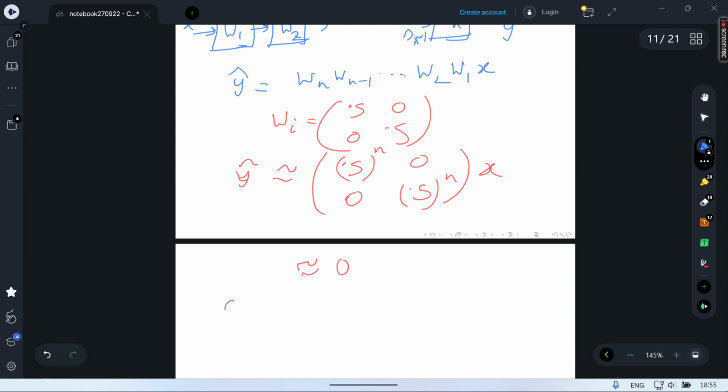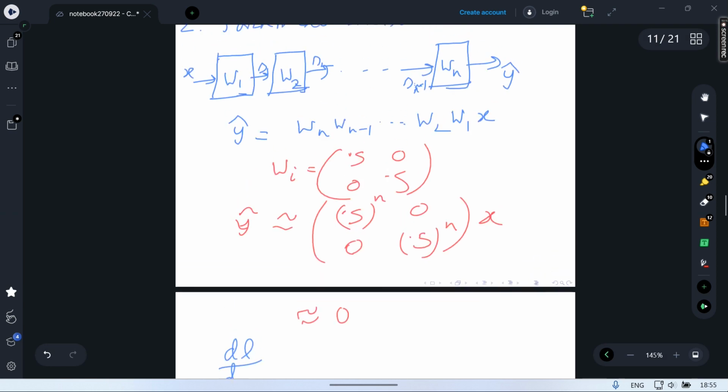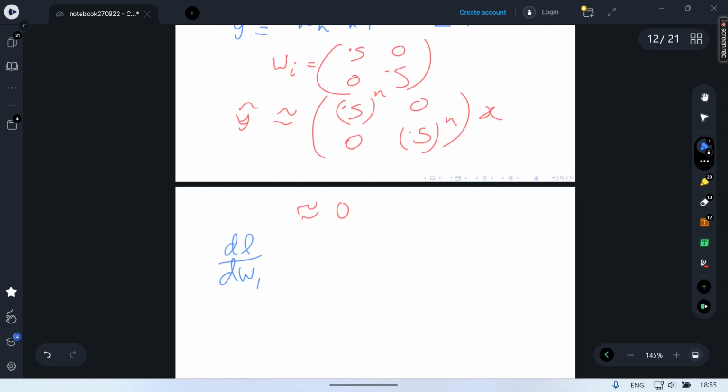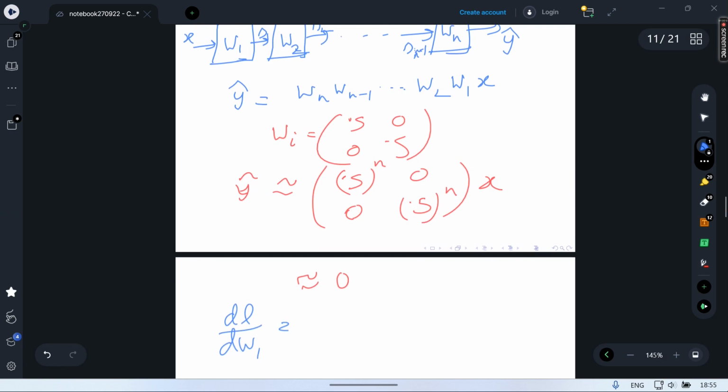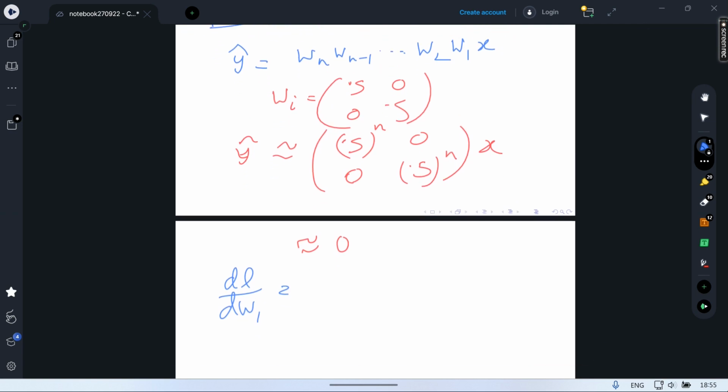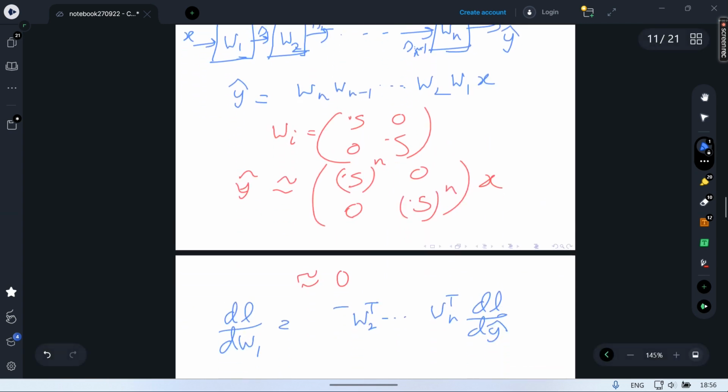The gradient of L with respect to W1 will be nothing but W1 transpose, W2 transpose, ... Wn transpose, multiplied by dL divided by d y hat.